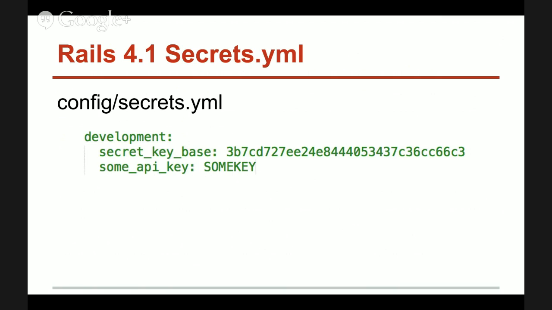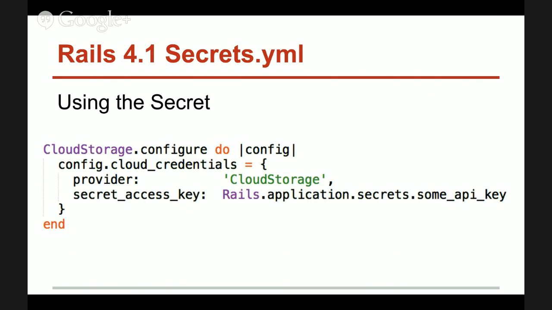You put in a pair, so the name of the variable and the key that you want to put in there. But it's actually interesting, in the Secrets YAML you can put more complicated objects in as well and have those stored. But this would be the standard usage.